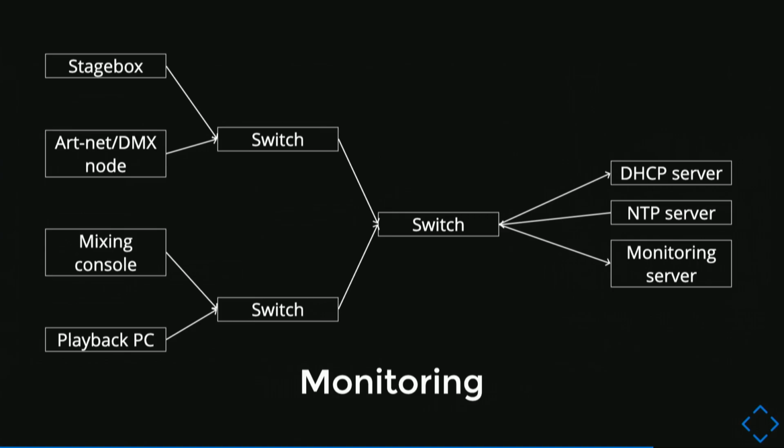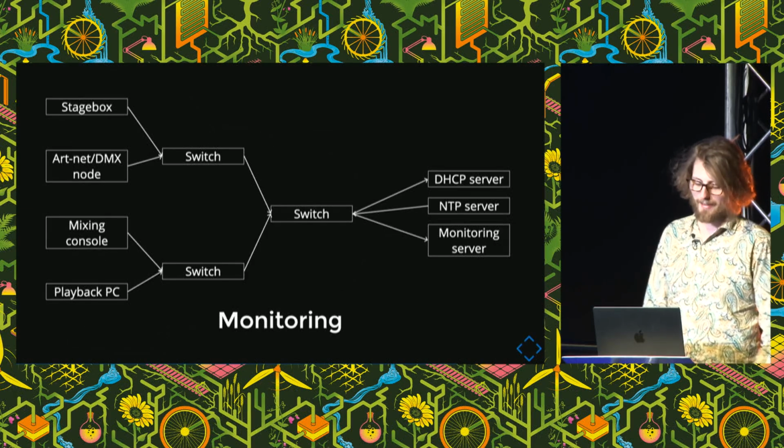And you probably want to have at least an NTP server. Let's completely forget about having any PTP clock source, because that's a complete lost cause. But at least having an NTP server so that you can get logs that have some kind of coherent timestamp on them. And then we need to have some kind of monitoring server where we can get things back.